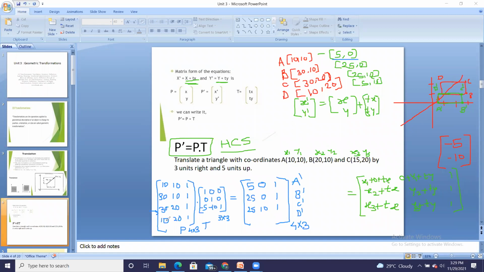And the last, 10 into 1, 10 minus 5 is 5, then 10 into 0, 0, then 20 minus 10 is 10. So 5, 10, 1. This is the resultant value which we have received here. Getting it, all of you?